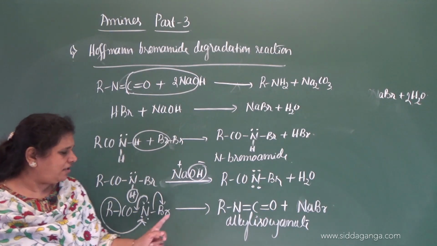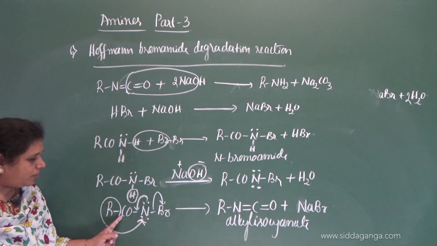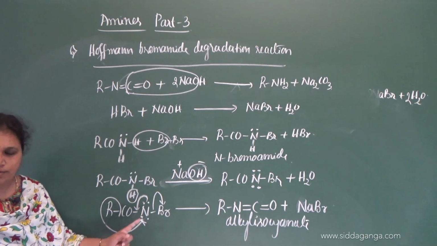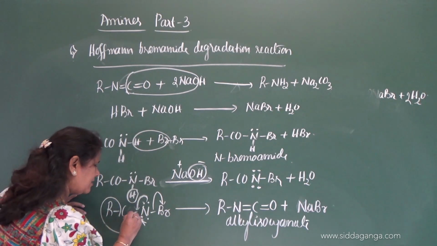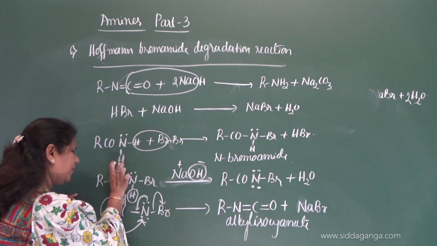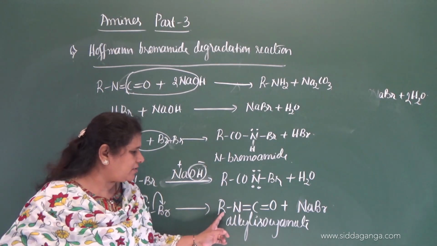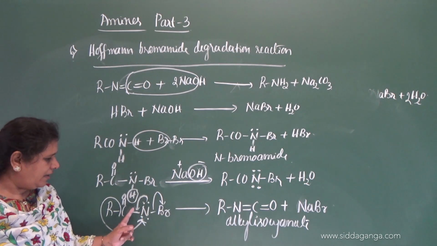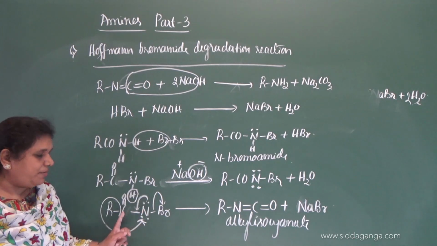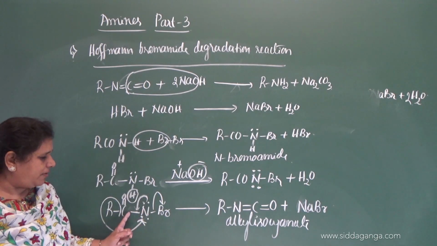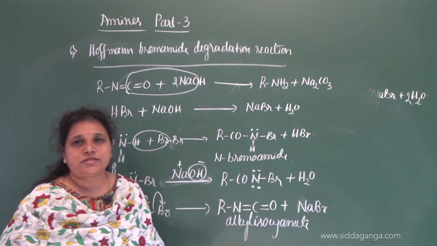So in this reaction, as I said, migration of the alkyl group takes place from carbonyl carbon to nitrogen. For your convenience, you can even write this as C double bond O, because the carbonyl group is C double bond O here. So therefore you will get R N double bond. Because of the displacement of electrons, you will get a double bond between nitrogen and carbon. So double bond carbon, double bond oxygen, and this is called alkyl isocyanate.